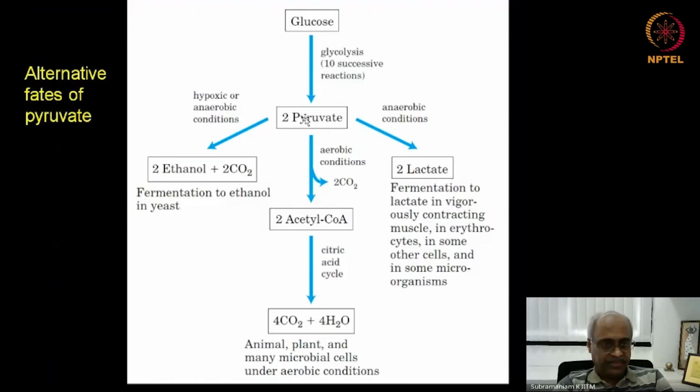This happens when oxygen is plentiful, that is, aerobic conditions, during which pyruvate gets converted to acetyl-CoA, which enters a cyclical biochemical pathway called the citric acid cycle, because one of the intermediates of the pathway is citric acid. Citric acid has 3 carboxyl groups, and therefore it is also called the tricarboxylic acid cycle.